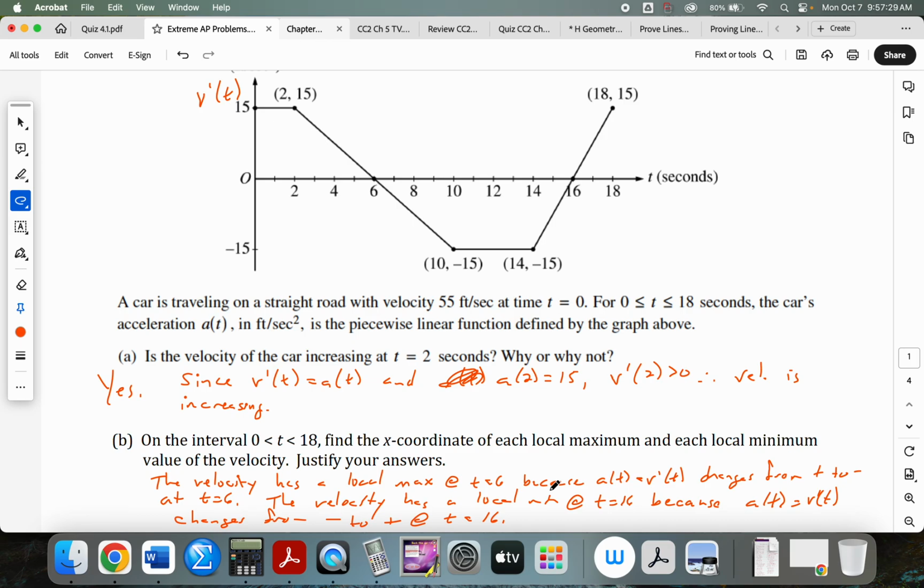That's about as straightforward as they can get. They did dress it up a little bit by not just giving you the graph of f prime.